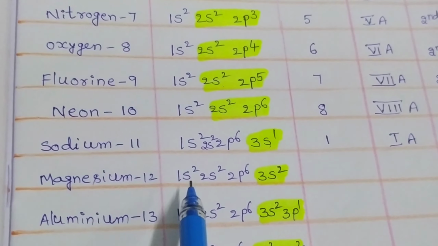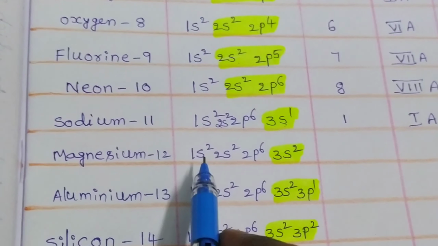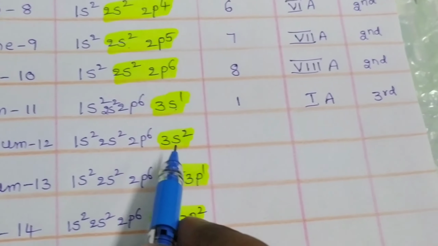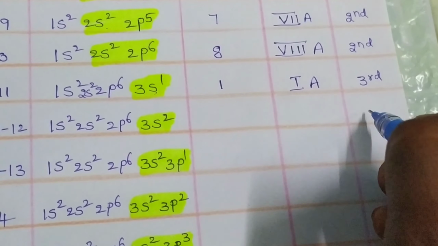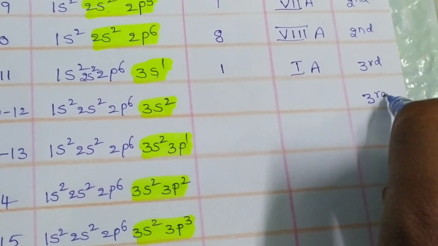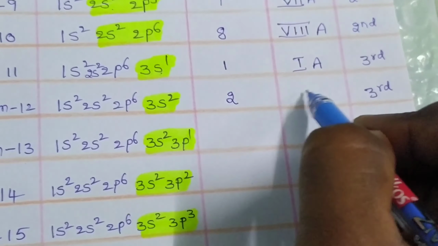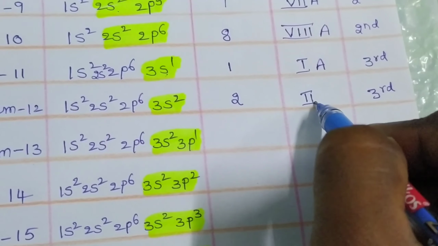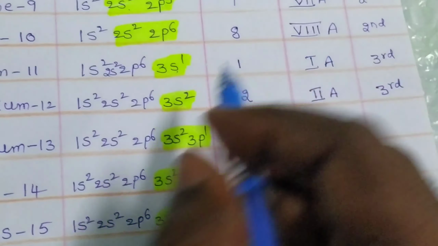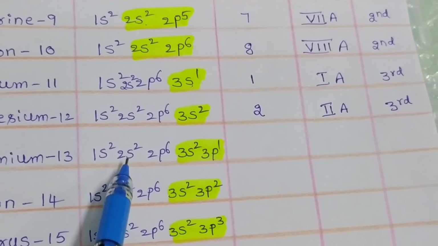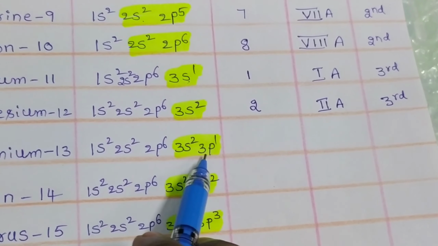Next, magnesium. Electronic configuration is 1s2, 2s2, 2p6, 3s2. The outermost orbit is third orbit, so magnesium is present in third period. It contains 2 valency electrons, so it belongs to second A group. Next, aluminium. Electronic configuration is 1s2, 2s2, 2p6, 3s2, 3p1.